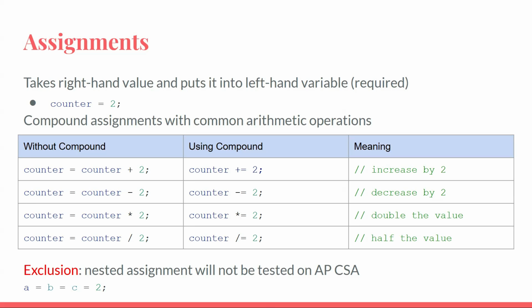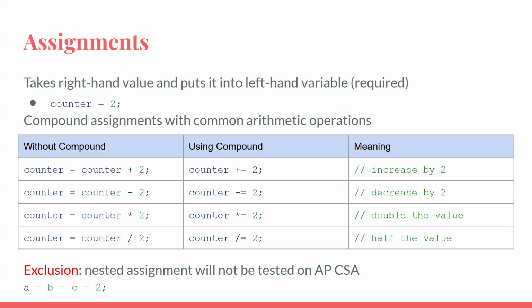A good programming language makes some common instructions easier to read and run quickly. If you need to count a bunch of even numbers from 0 to 100, you need to add 2 every time. Instead of writing counter = counter + 2, there is a simpler way in Java by using compound assignment. You can write counter += 2.